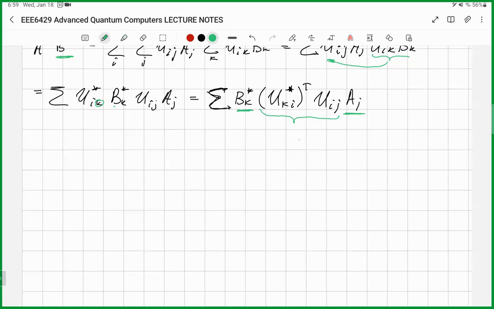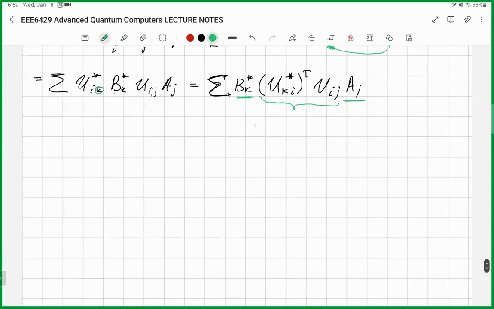So this is basically the product of matrix U by matrix U itself, transposed, right? And complex conjugated.